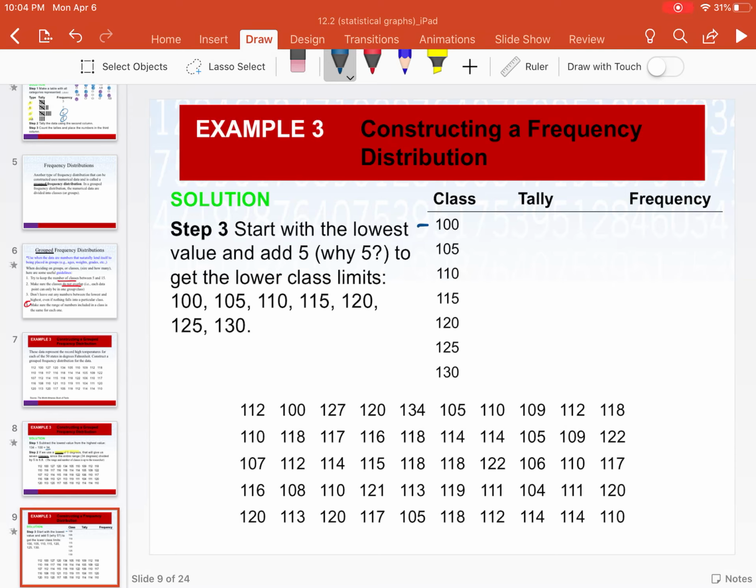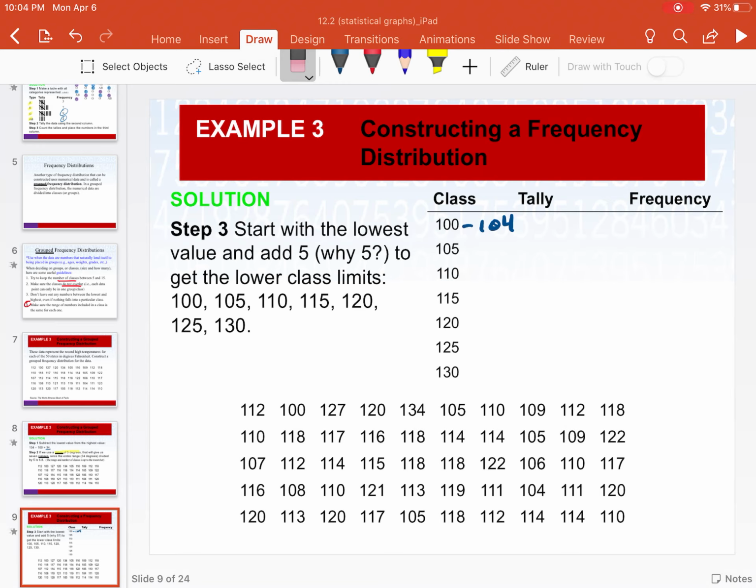So start at 100 and count 5. 100, 101, 2, 3, 4. Oh, you actually land on 104. Okay? Not 105, because you have to count the 100. So 100 to 104 includes 5 different temperatures. That's the first group. Okay?